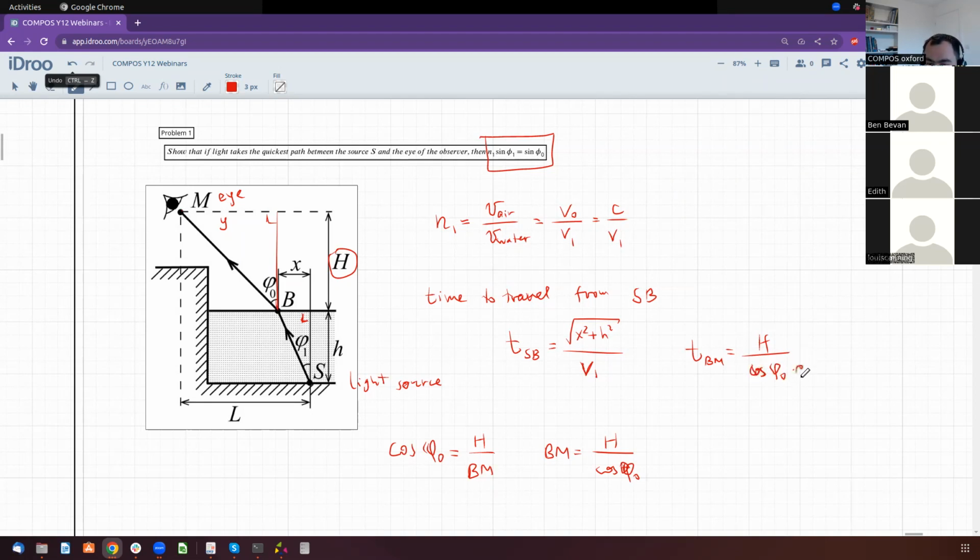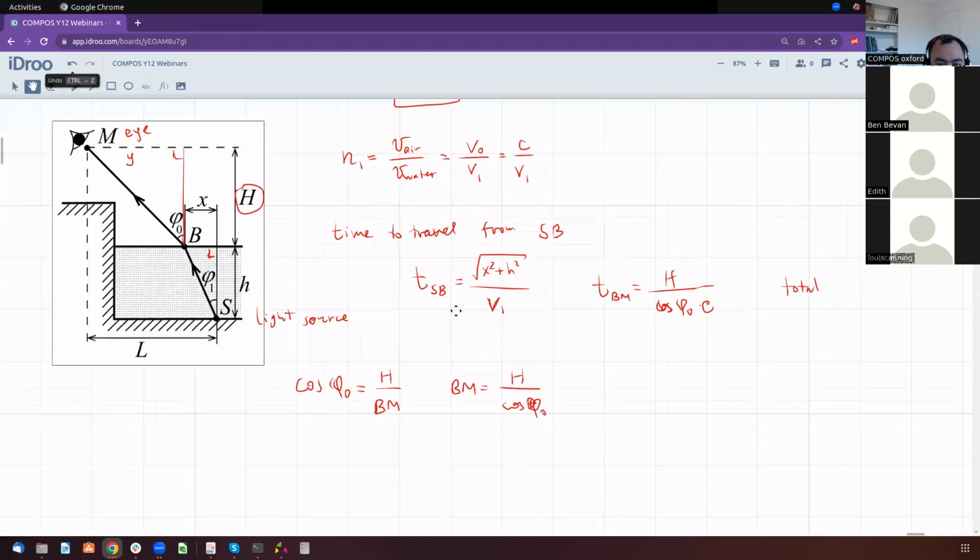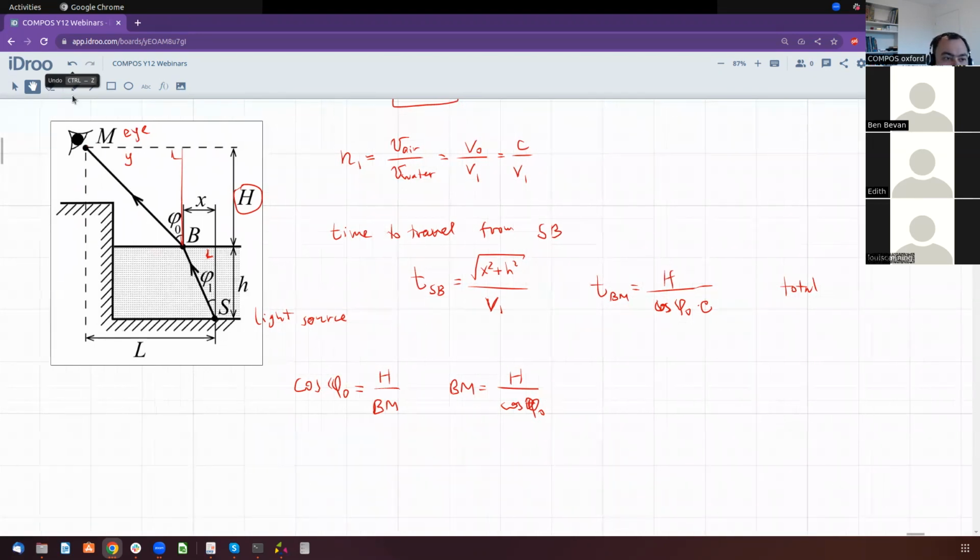And multiplied by c, the speed of light. So the total time, no, that doesn't work. Doesn't work like this, because if you change x, phi 0 is going to be a variable, so you can't have phi 0 as a variable. Just give me a sec.